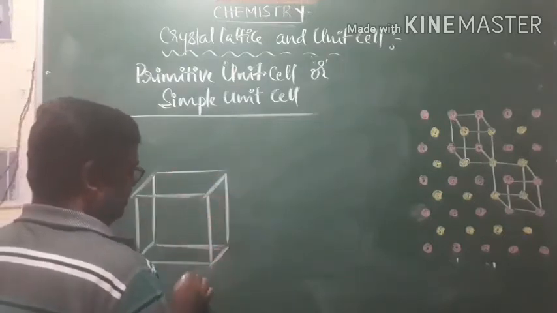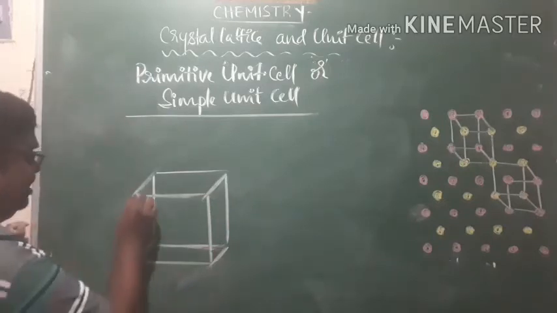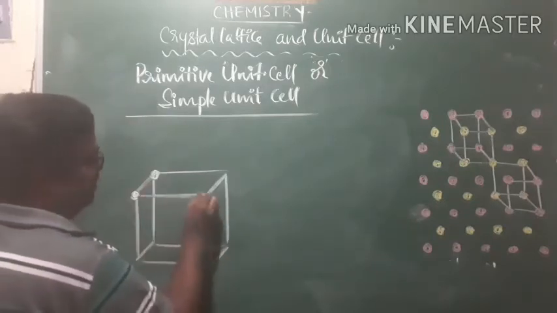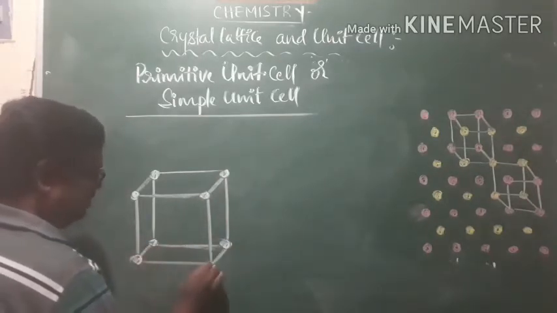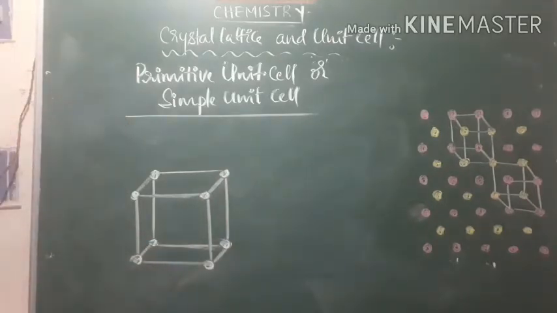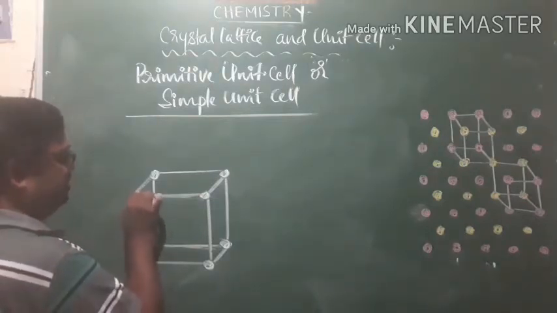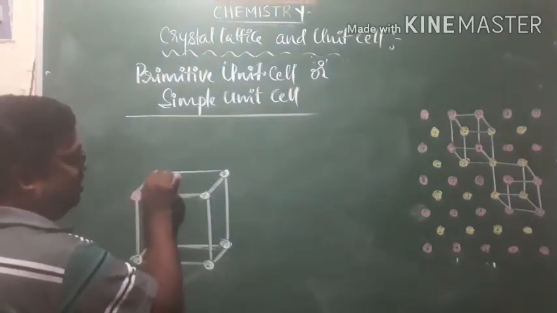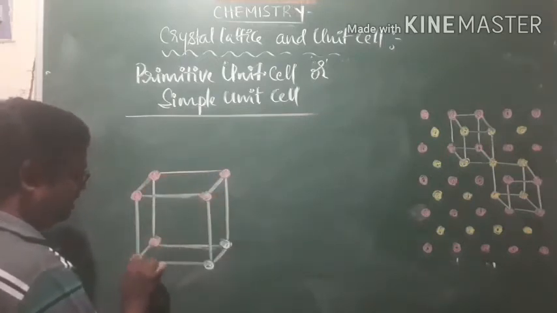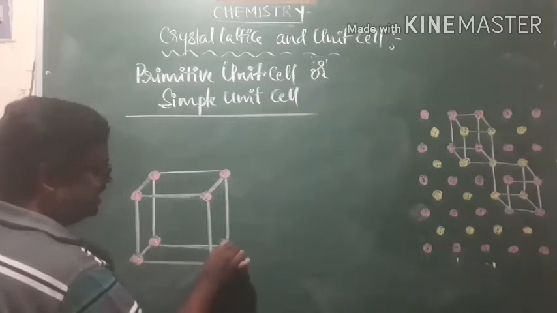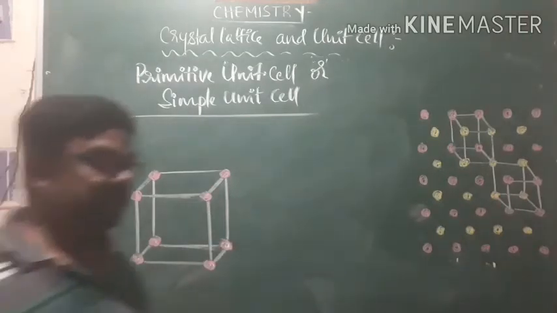This is one particular unit cell, okay? ಈ ಒಂದು ಯೂನಿಟ್ ಸೆಲ್ ಅಲ್ಲಿ, ಸಿಂಪಲ್ ಯೂನಿಟ್ ಸೆಲ್ ಅಲ್ಲಿ, you can find the lattice points only at the corners.